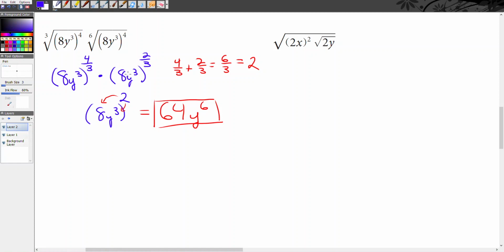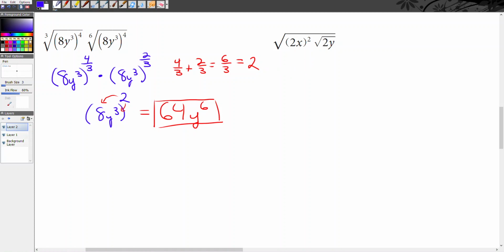All right, let's take a look at this next example here. I have a radical, and inside I have 2x to the second power, and then I have another radical 2y. So how can we make sense of this? Let's first look at this larger radical on top. There's no number in here, so that means this is a square root. So let's rewrite that using a rational exponent.